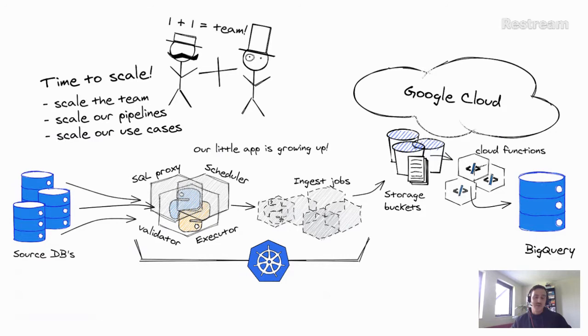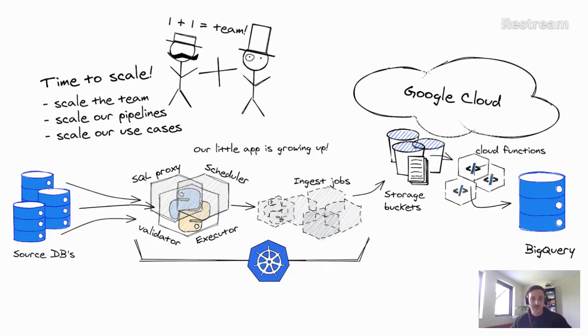But this also meant that our little Python application that was meant to be very lean and mean started to grow up. So it was no longer just ingesting and moving data around, but it was now also scheduling other ingest jobs. And we had an executor for that as well, which was talking directly to the Kubernetes API to schedule and manage these jobs.